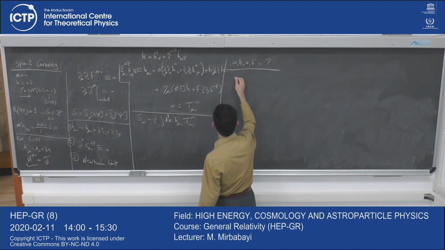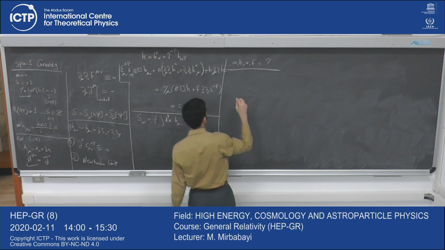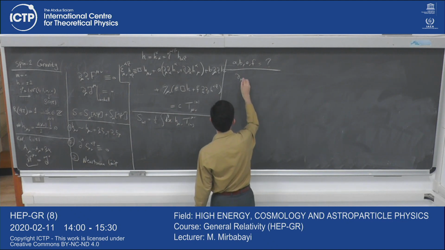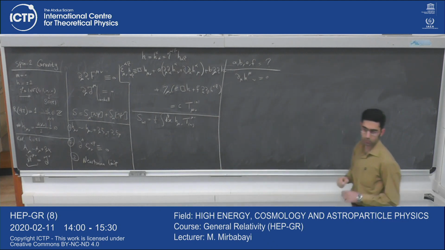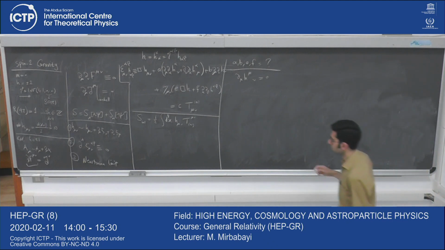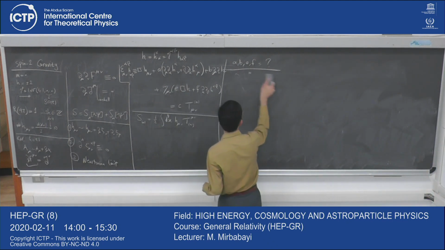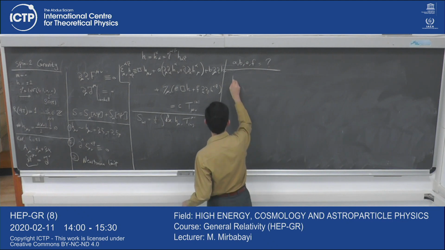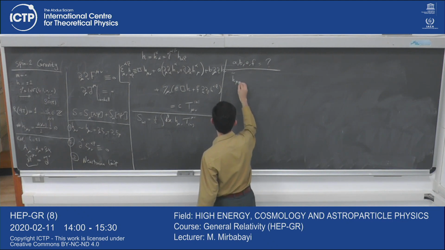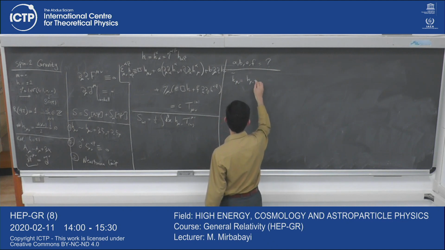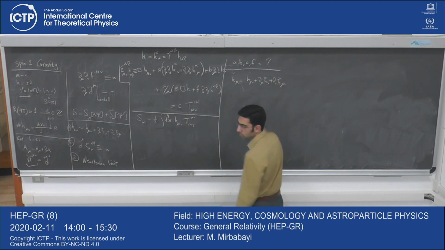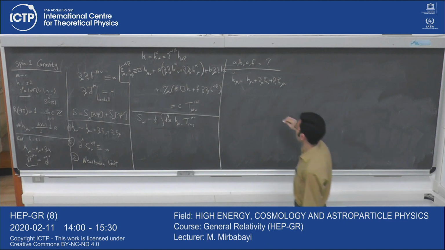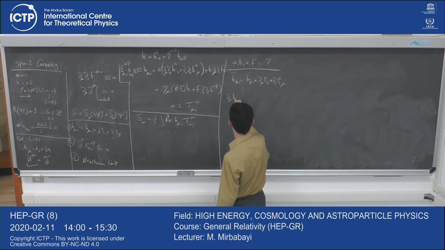I want to choose these functions xi so that the divergence d^mu of h mu nu is equal to 0. Or in other words, I want to define a new h tilde mu nu, which is h mu nu plus d mu xi nu plus d nu xi mu, such that d^mu of h tilde mu nu is equal to 0.